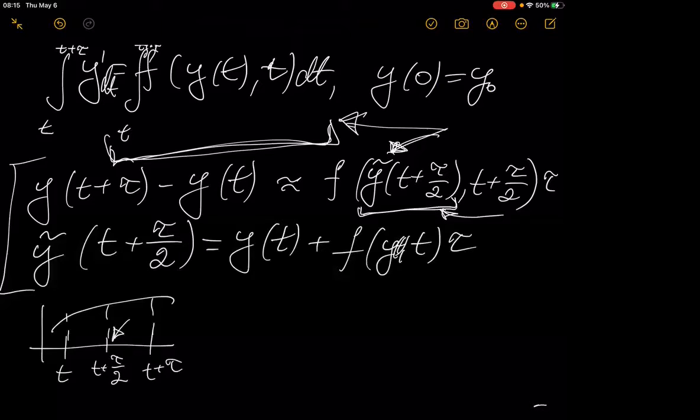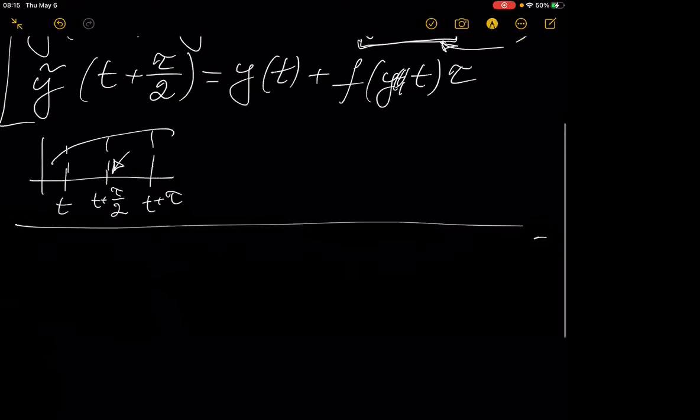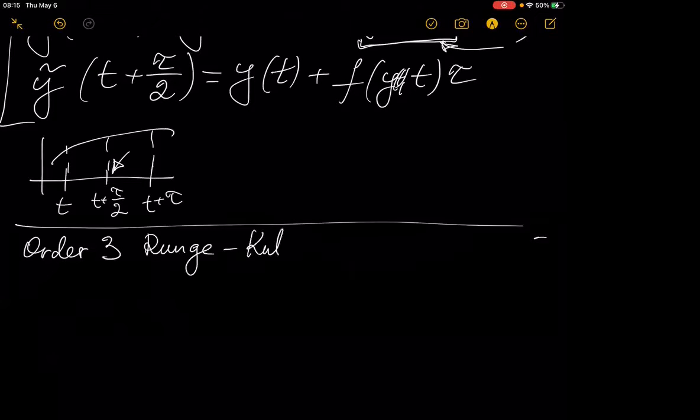If you want to use order 3, Runge-Kutta method. Yeah, and as I said, Euler is a Runge-Kutta method of order 1.